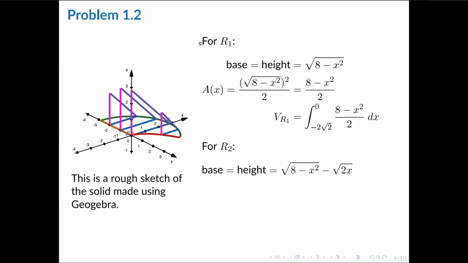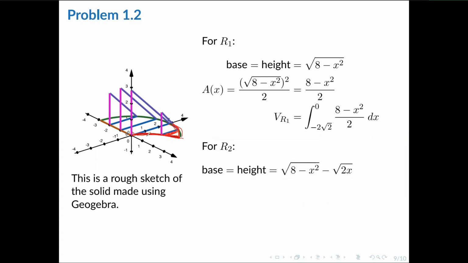Then for R2 naman, equal din yung base and height. Pero equal na siya to the square root of 8 minus x squared minus the square root of 2x. So ito yung base kasi na kinukuha natin. Ito. So equal siya sa itong hemisphere minus the value nitong square root of 2x.